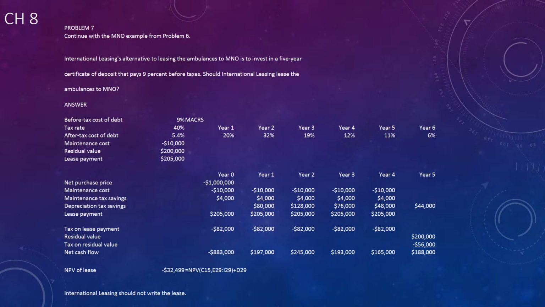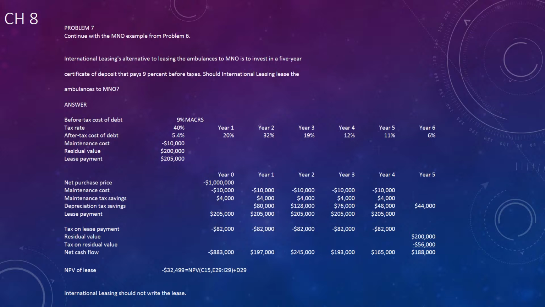Let's take this a step further. If International Leasing, the leasing company, has an alternative to leasing the ambulances, which is to invest in a 5-year certificate of deposit that pays 9% before taxes. This is International Leasing deciding, is this a good deal to use my cash? Is it a good deal for me to use my cash to lease the ambulances to them, or should I invest that cash in a CD that pays 9% before taxes with a 40% tax rate?